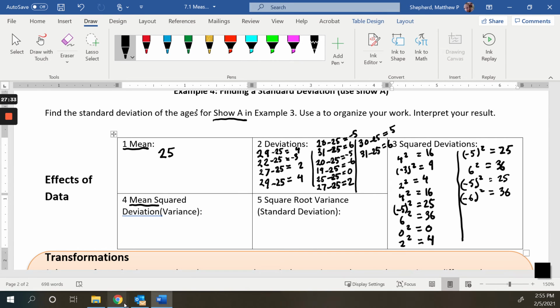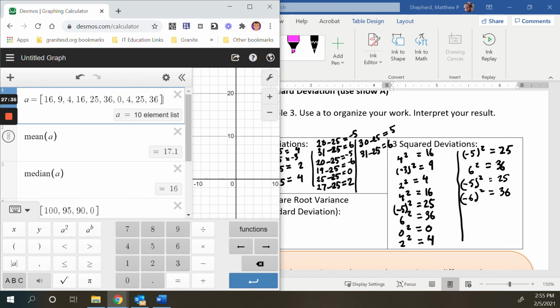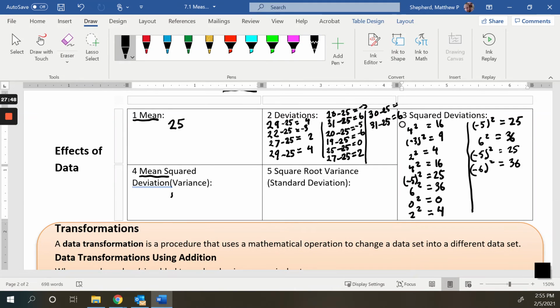All right, I found my missing numbers. Okay. All right, so the mean of this would then be 19.3. So great. Our average of how much they deviate is 19.3.